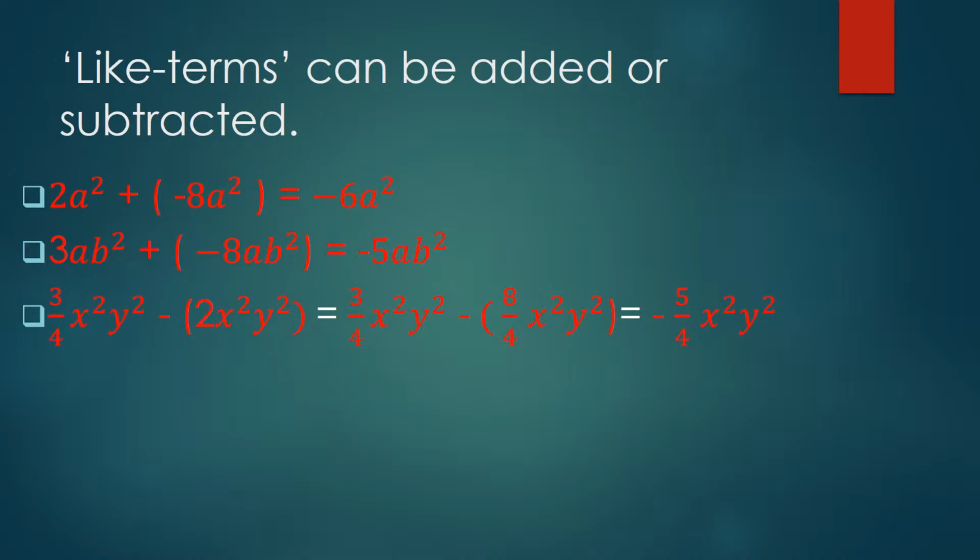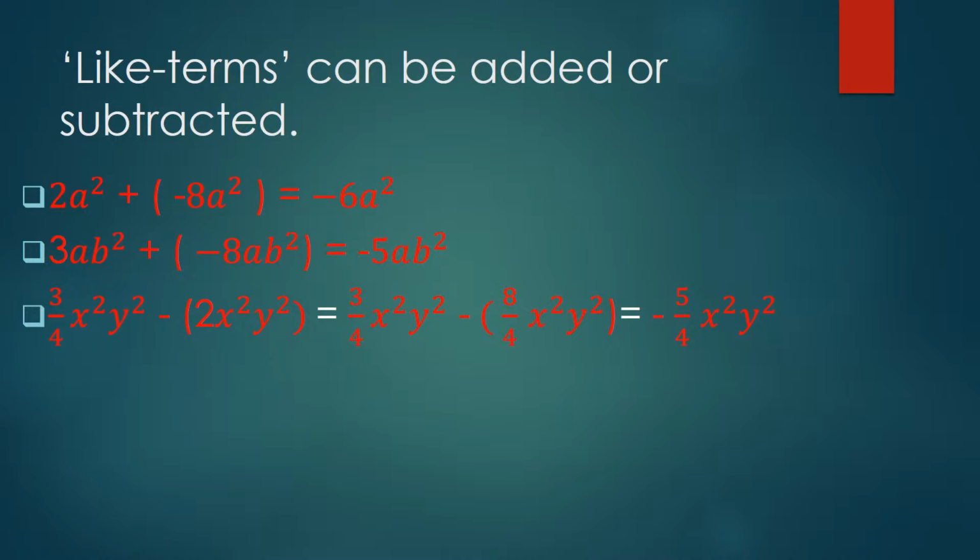The last pair of like terms can be subtracted. So you have 3/4 x squared y squared minus 2x squared y squared. To subtract here, you have to have the same denominator. So you have 3/4, you have 2/1. So you need 4 on the denominator for this 2.